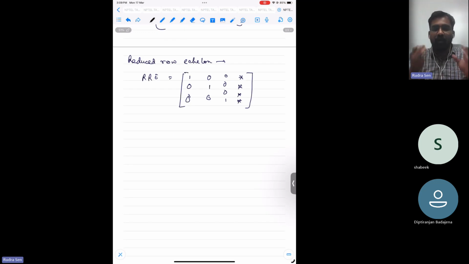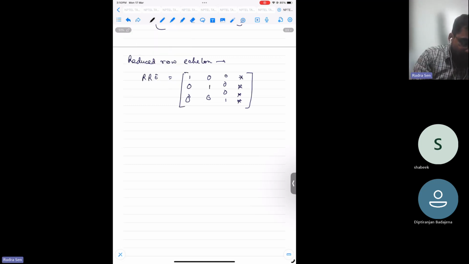Okay. So all the pivot elements should be 1, and below and above the pivot element should be 0. Obviously you can see from here, if the number of equations and the number of variables are the same, if the matrix is square and also invertible, then the reduced row echelon form is basically the identity, right?